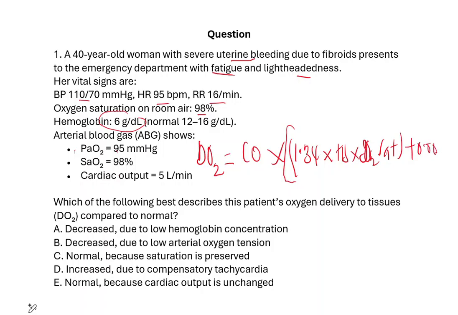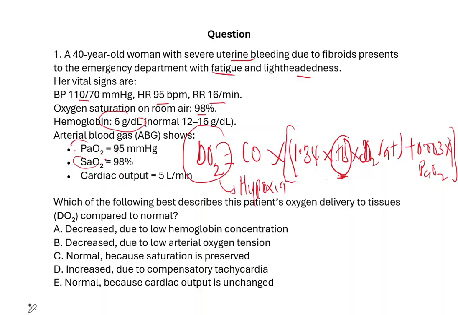So looking at this, which one do we think is affected in this patient? I think it's going to be the hemoglobin. Because of the anemia, that would decrease the oxygen content, that would decrease the oxygen delivery, and that will lead to tissue hypoxia. And it makes a lot of sense now why this patient has normal oxygen saturation, because even if they have only 2 hemoglobin, that 2 hemoglobin will be saturated.